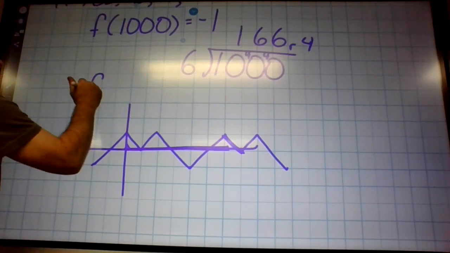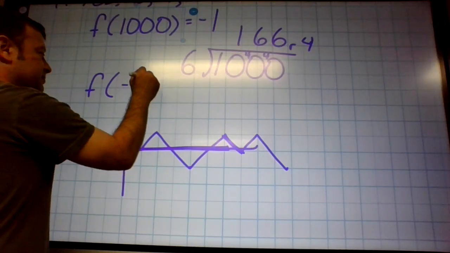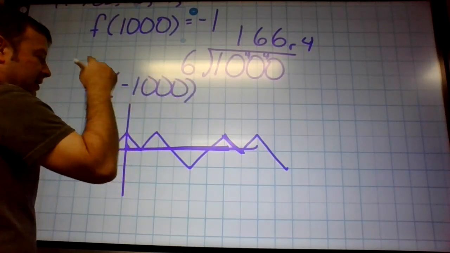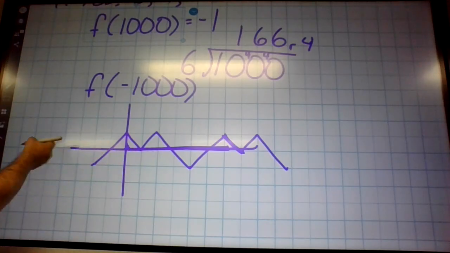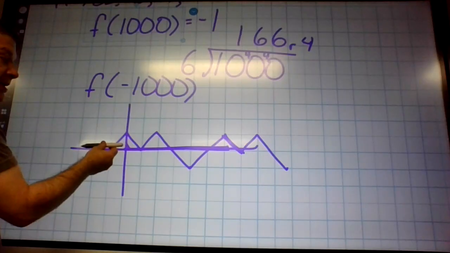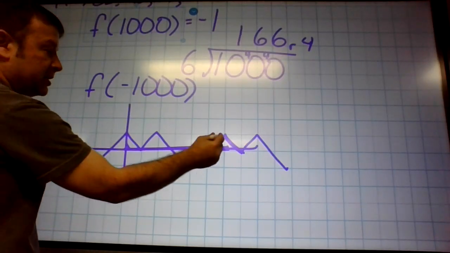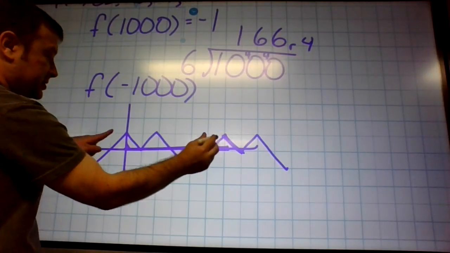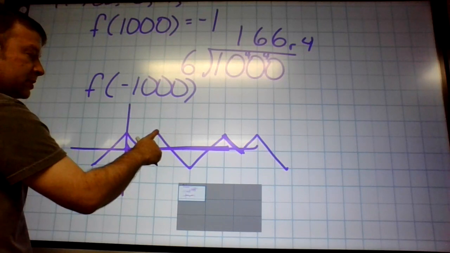Alright, and then they ask for f of -1,000. So it's kind of the same thing, but it's going backwards. So it would be like what's happening at -4. Now, I didn't draw the graph back to -4, but you can basically start right here, because this is the same as this, and go backwards 4. So 1, 2, 3, 4.